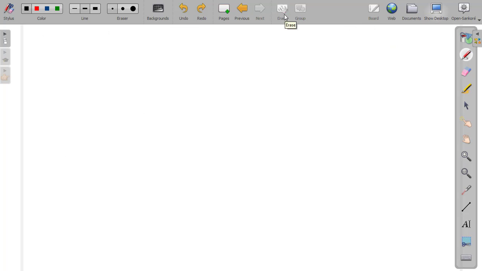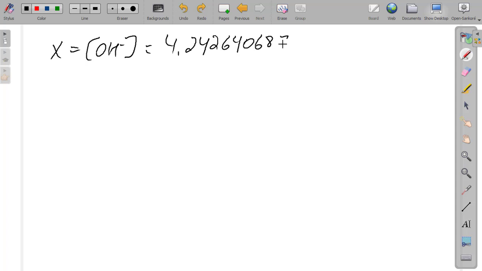And what we'll do then is we had the hydroxide concentration. That was equal to 4.242640687 times 10 to the minus 3 molar.